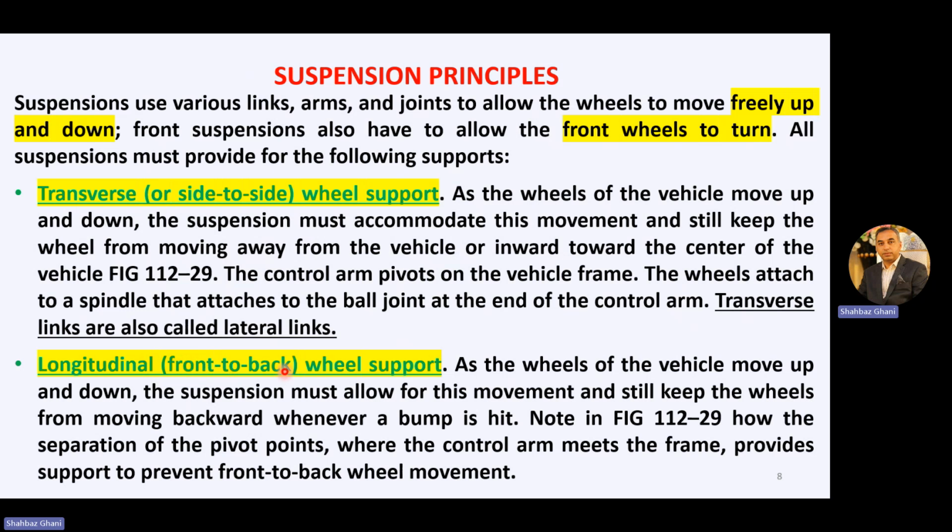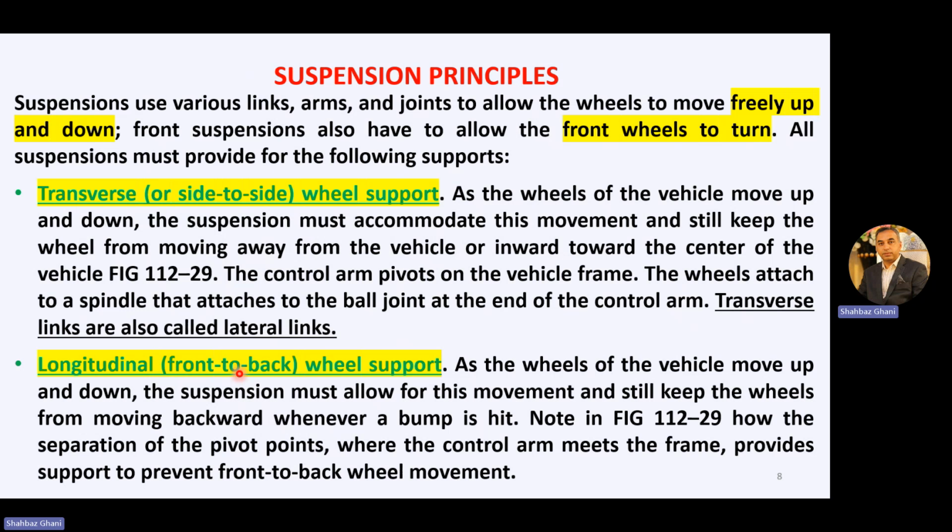Longitudinal or front-to-back wheel support. As the wheel of the vehicle moves up and down, the suspension must allow for this movement and still keep the wheel from moving forward or backward whenever a bump is hit. So first was the transverse or side-to-side wheel support.